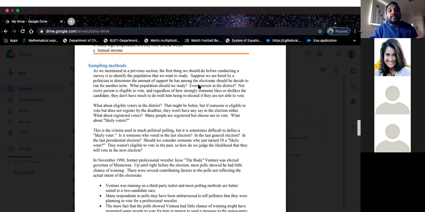Okay, so we might think the people who have voted the last time could be defined as the likely voters, because they have already voted the last time. So we might say that, yeah, they will probably vote this time as well, right? Or the people who have just registered to vote for the first time seem to be more interested in this entire process.